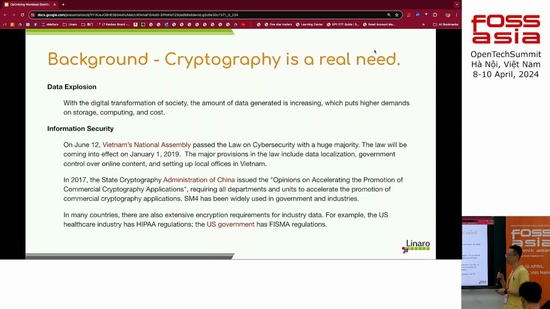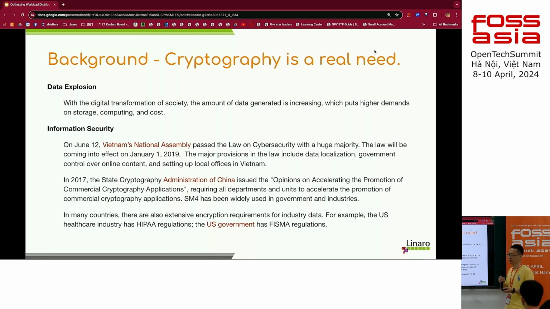So why is crypto important? The first thing is that we get more and more data in modern days. The second thing is that there are a lot of regulations, rules and laws enforced by governments all over the world. I just checked that in Vietnam, the government has such laws, and also China and the US, both government and industry-wide.